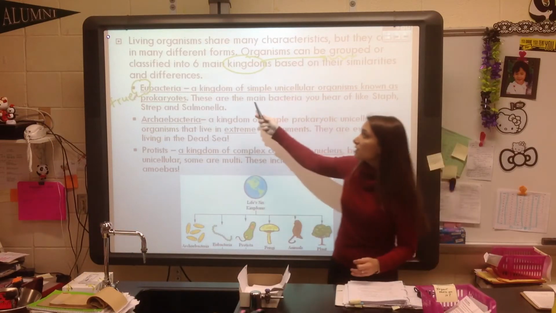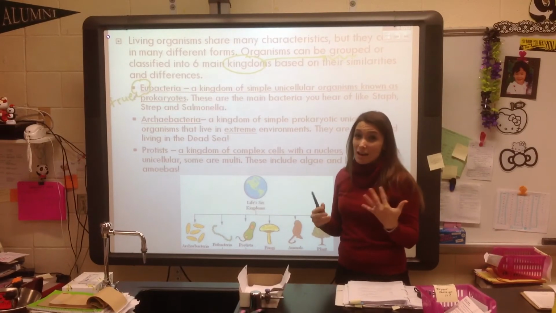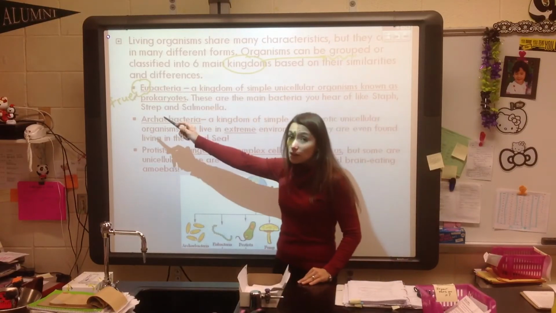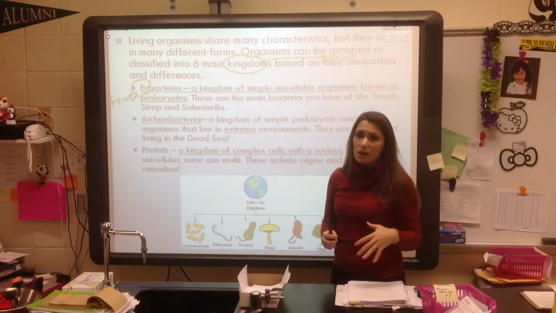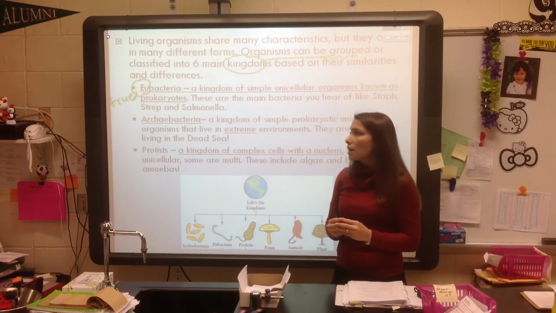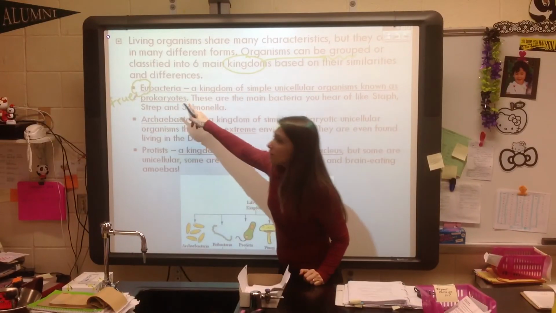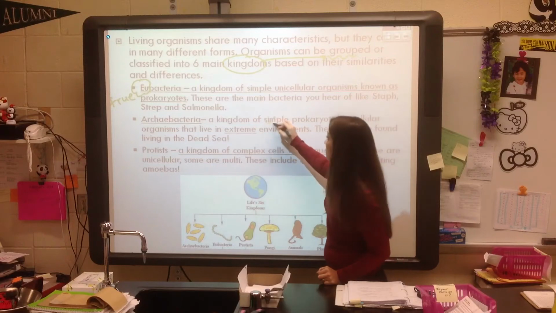And so eubacteria means true bacteria, because these are the bacteria we think of. Have you ever had a staph infection or a strep infection or salmonella? Those are all examples of what we call eubacteria. We have another group that's also, notice, prokaryotes. They're simple cells.